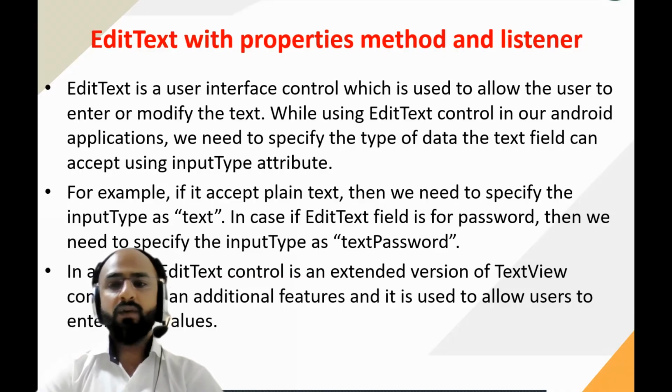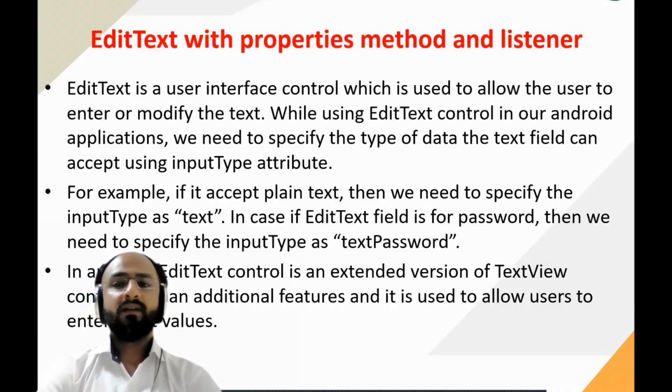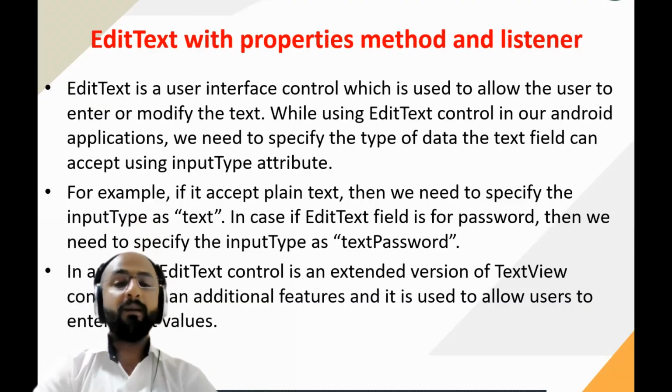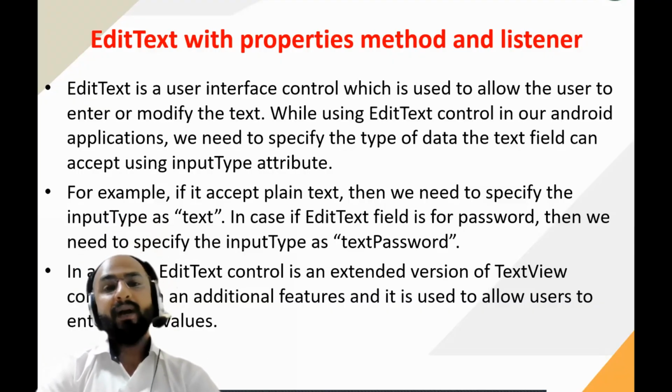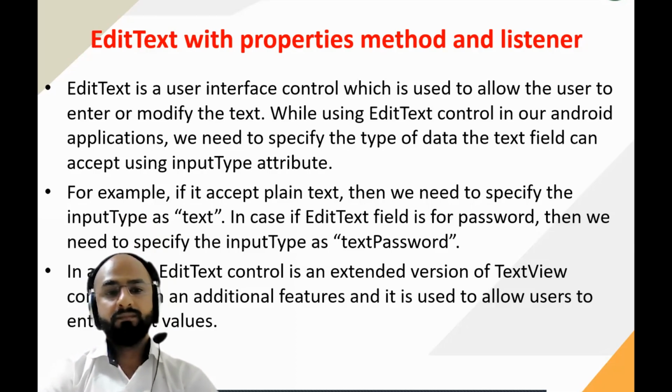While using the EditText control in our Android application, we need to specify the type of data the text field can accept using the inputType attribute. So there will be a property named inputType. By using that inputType property, you can define the type of data that the user can enter into the EditText.